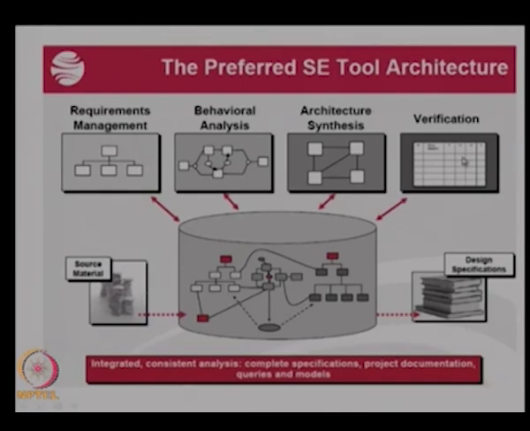All the other interactions will be through the database, and therefore this common database helps to have proper control of the data, and data management becomes very easy. So an integrated, consistent analysis which gives complete specifications, project documentation, queries and models, everything will be coming directly from this common database.